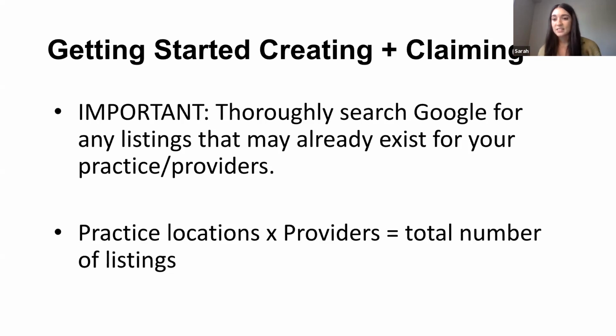Raider 8 recommends, in accordance with Google's best practices for doctors' offices, that you set up one listing per office location, and then as many listings as needed for each provider at each location that he or she practices. And then with an exception for single doctor practices, where you would only need one listing with a hyphenated practice name and the doctor name.